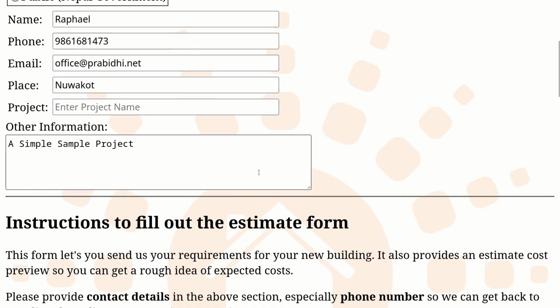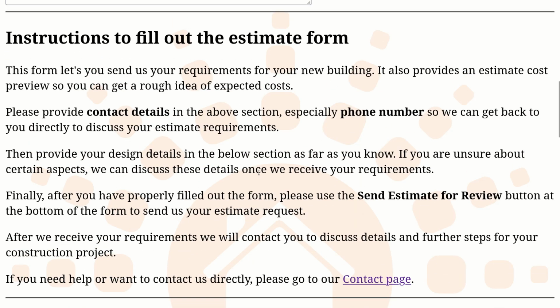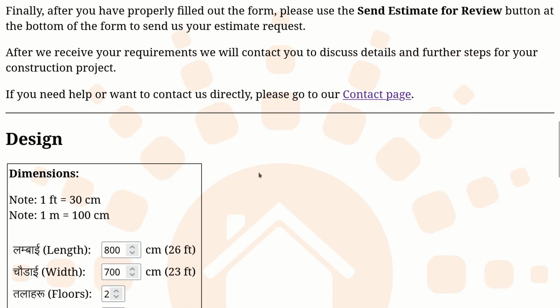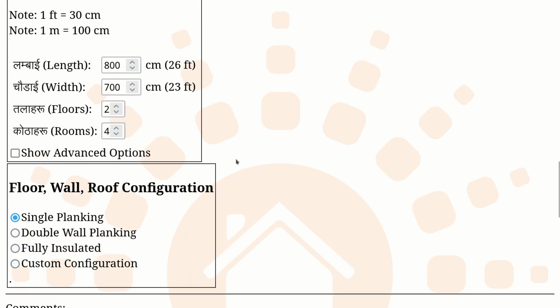It says to first fill out the contact details here, which we already did. And then it says we should fill up the design details, which are already pre-filled with the dimensions that we entered in the previous page. We can adjust some information. And if there are other details that we need to enter, we can show the advanced options.